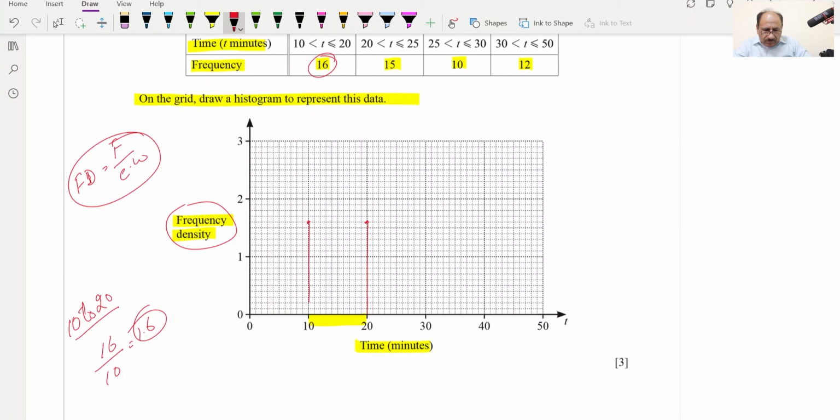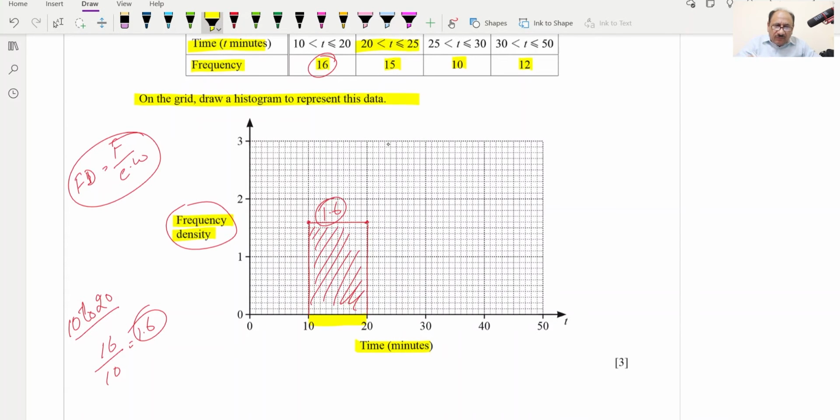And histogram bars do not have gaps, you should know this. And the height will be 1.6, and this will be the bar. Hopefully you understood this. Next is 20 to 25, this one.